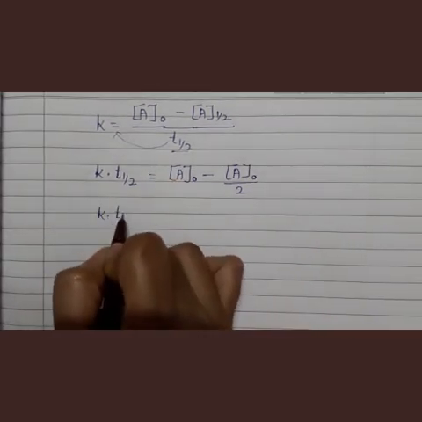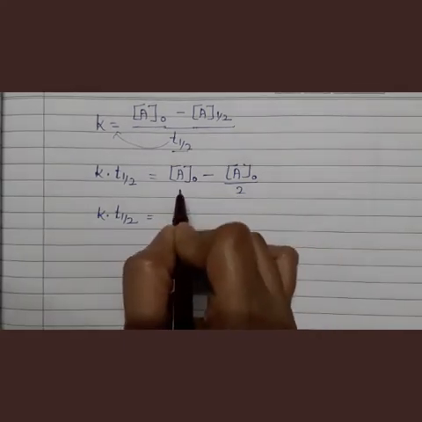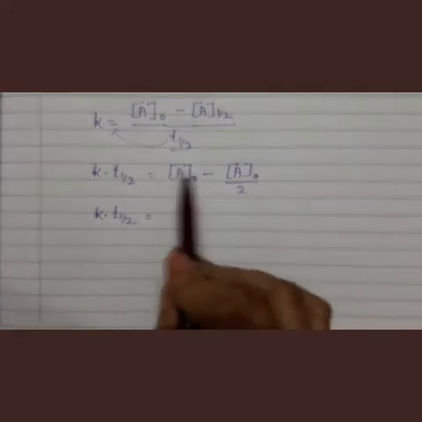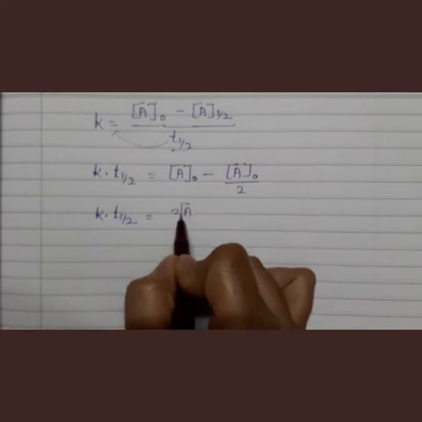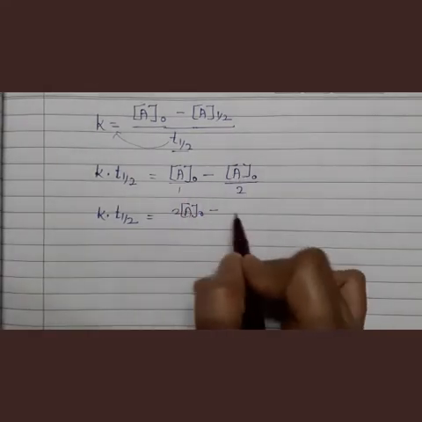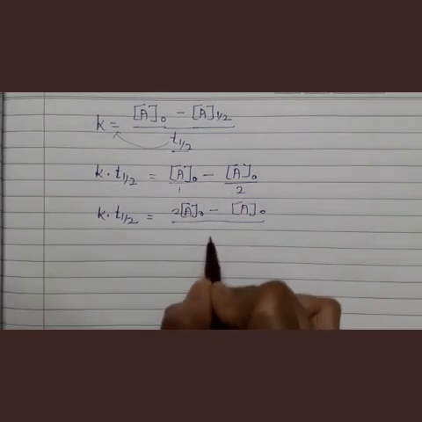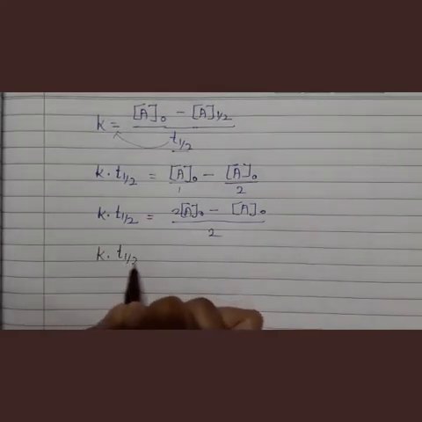So let us solve this. K multiplied by T half is equal to A0 minus A0 by 2. Here the denominator is not given, so we will equalize the denominator first. Let us do cross multiplication: 2 multiplied by A0 will become 2A0, minus 1 multiplied by A0, which is A0, and denominator 2. You have studied these things in mathematics.